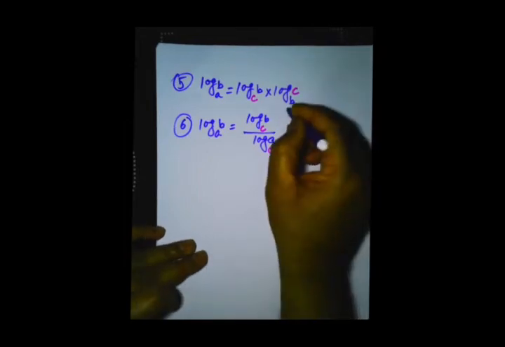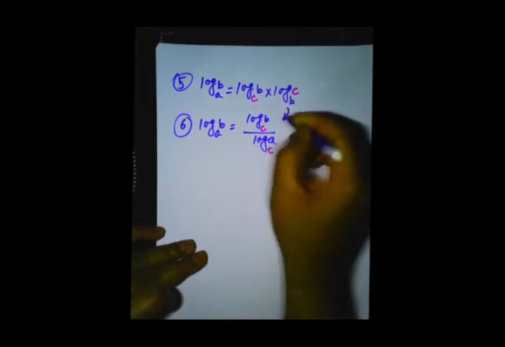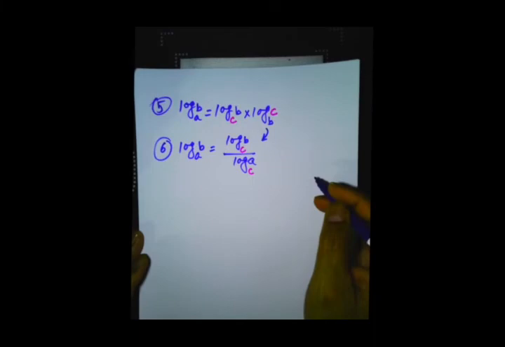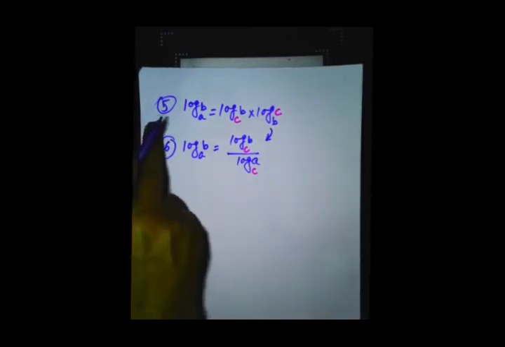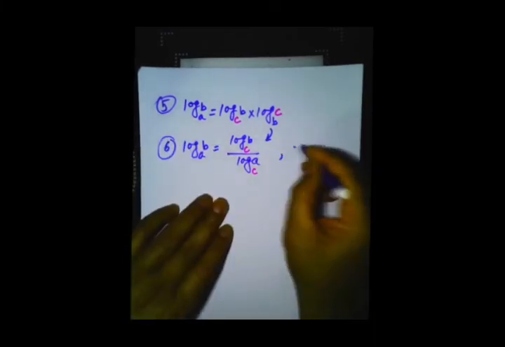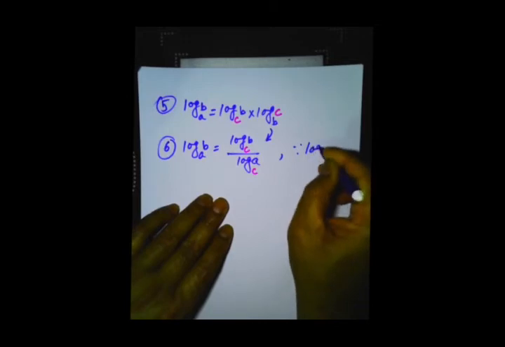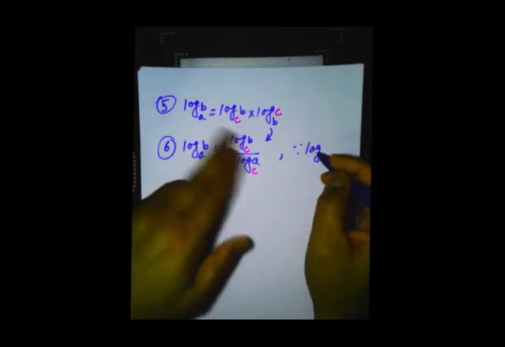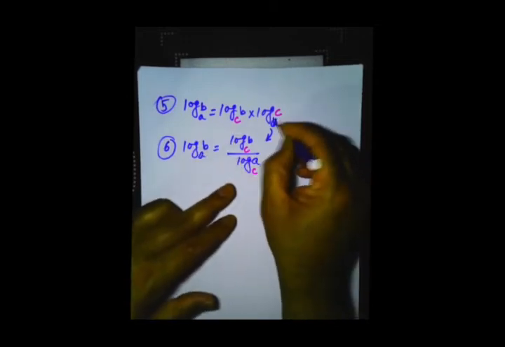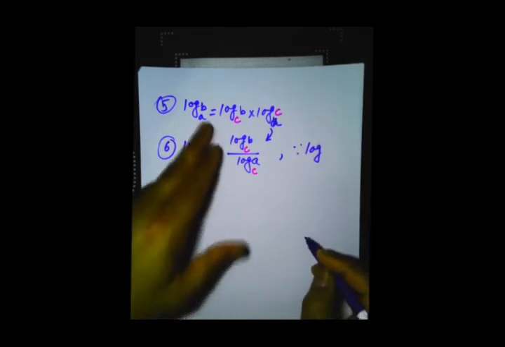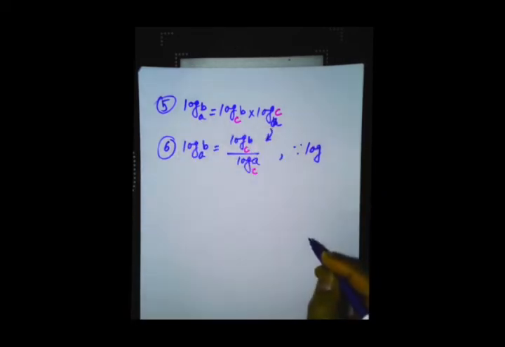If you consider at this point, this result can be followed from law 5, because here, sorry, it should be a, so that this is b, c, and a.